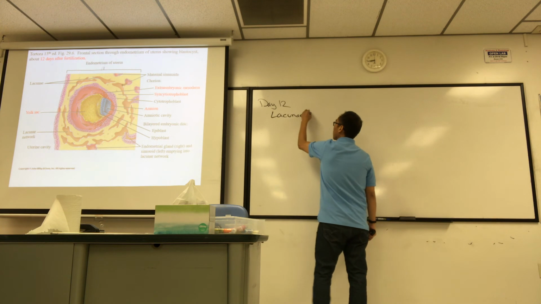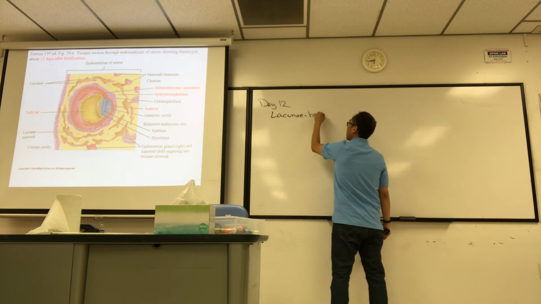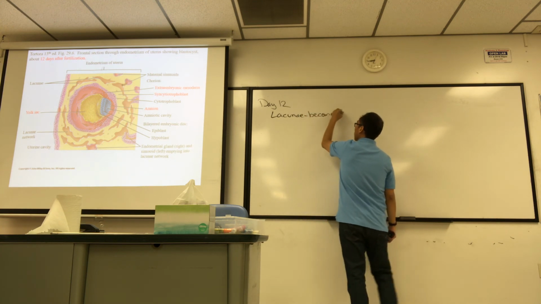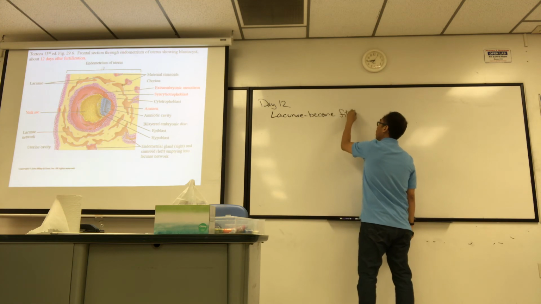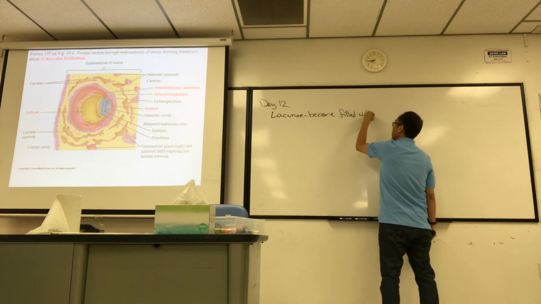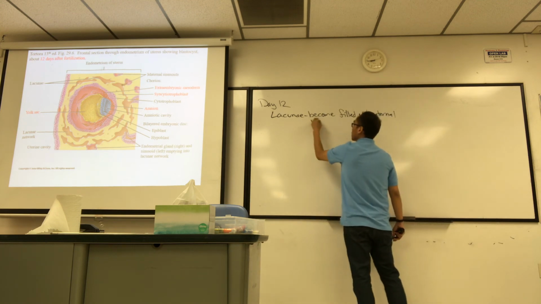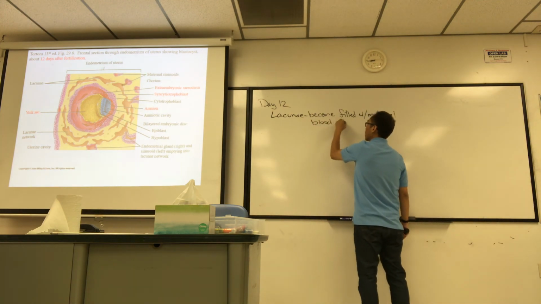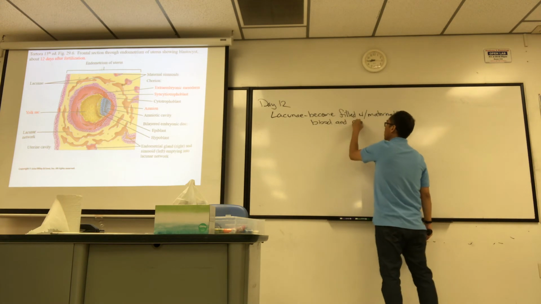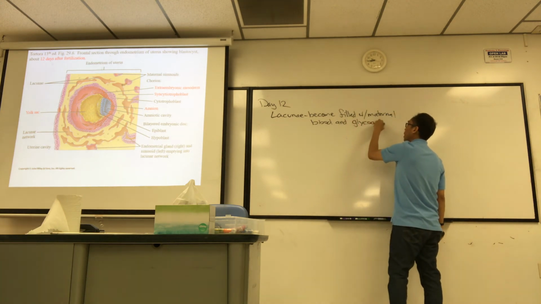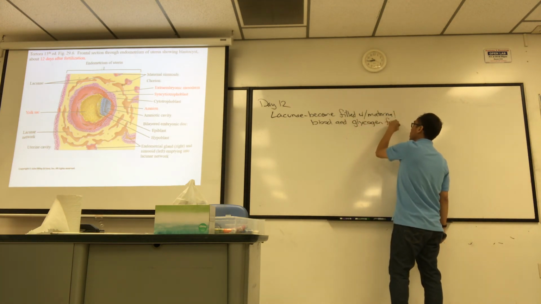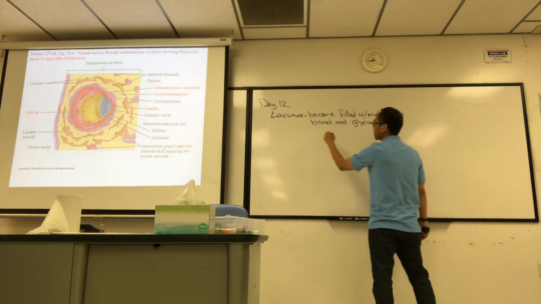Lacunae become filled with maternal blood and glycogen from the uterine glands.